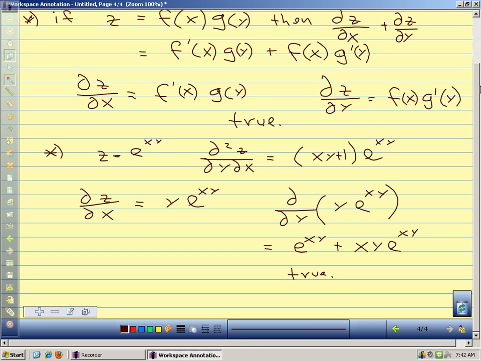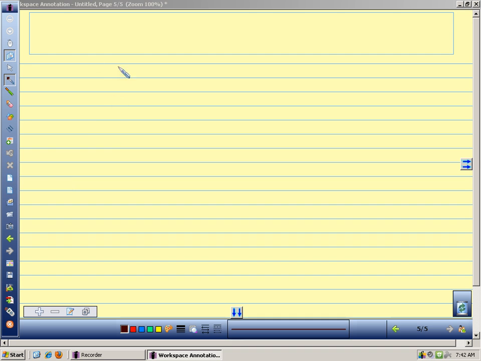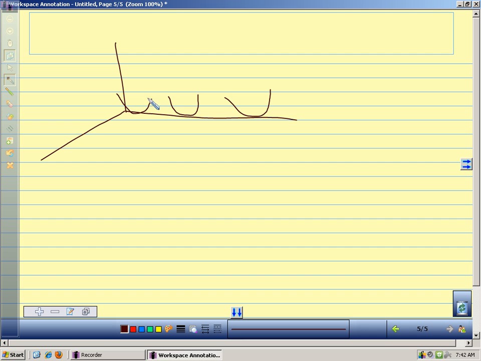False. Wait. So the example I gave was a surface. I'll just sketch it up here really fast. So if we had a cylinder like so, and my rulings were parallel to the y-axis, so I'm going to connect my cylinders here along the y-axis.